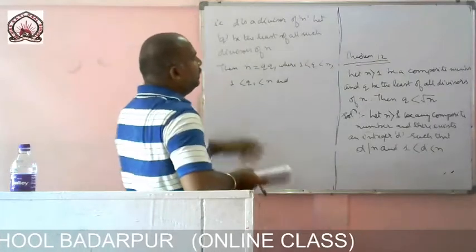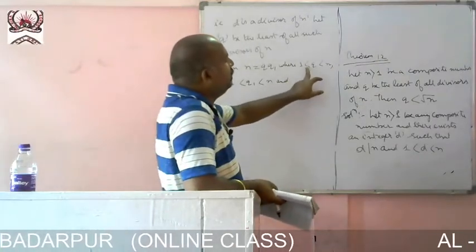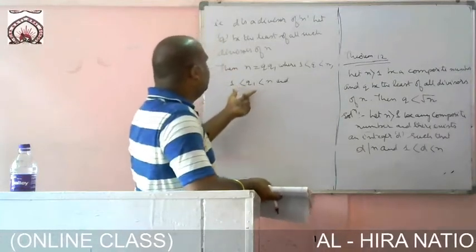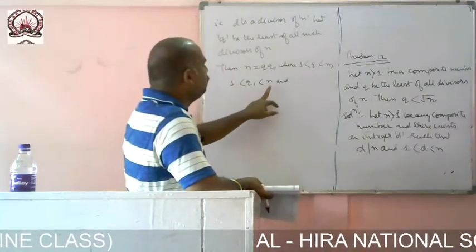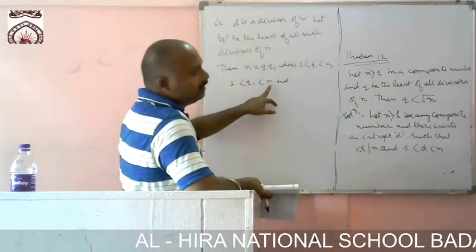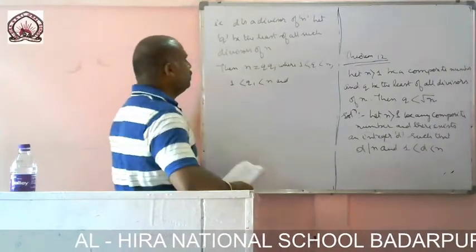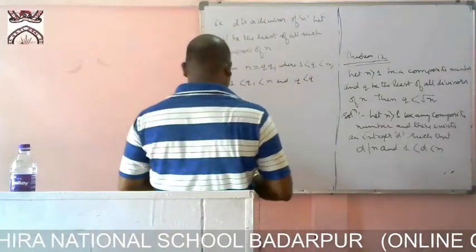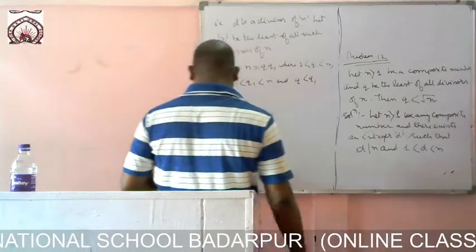So q1 lies in between 1 and n, and q also lies in between 1 and n. So we can say that q is smaller than q1.